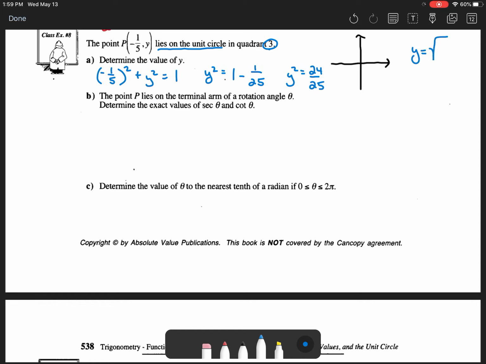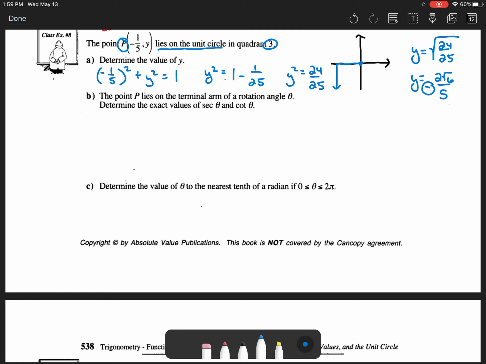Okay, so y will equal the square root of 24 over 25. That will be root 4 root 6, so 2 root 6 all over 5, okay? And because I'm in quadrant 3, it has to be negative. So there's the value of y, okay? Again, remember, you're starting at the origin, you're going left, which is negative, and you're going down, which is negative, okay? So that y dimension would be negative.